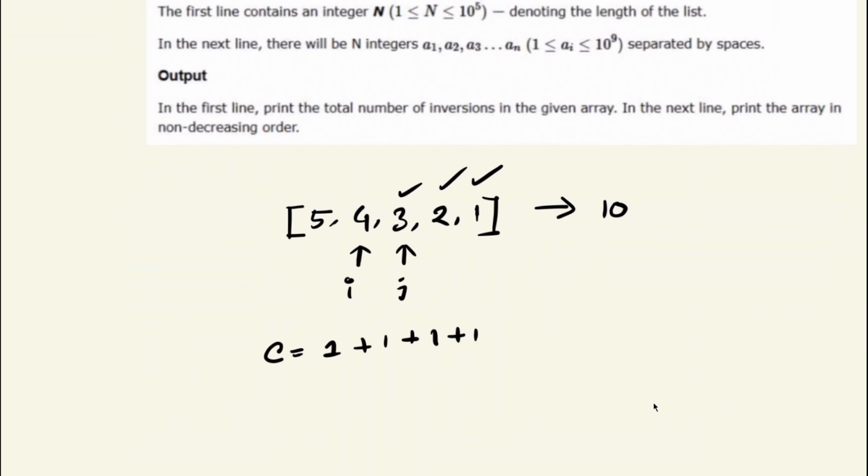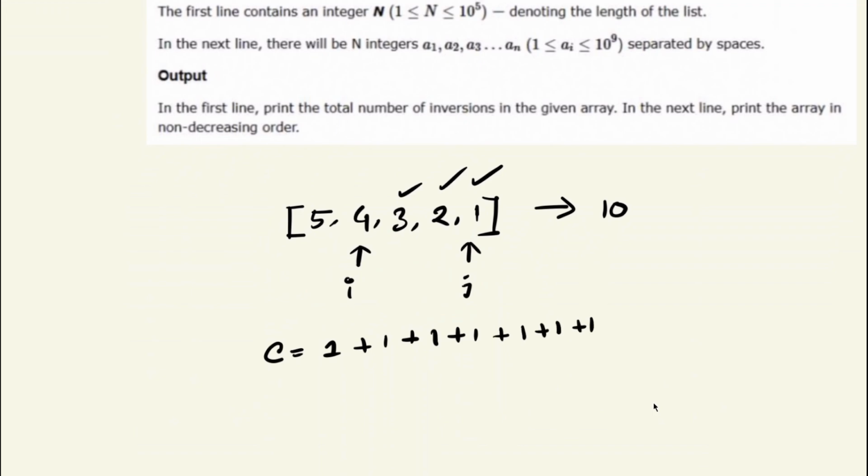And in this case, we'll get 4 is greater than 3, 4 is also greater than 2, and 4 is also greater than 1. So we will again get 3. 1 plus 1 plus 1.